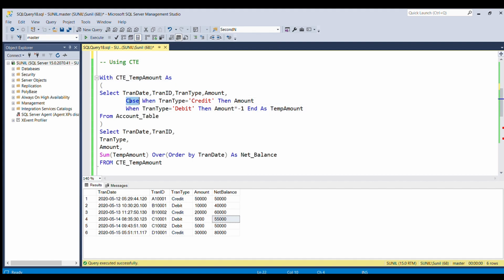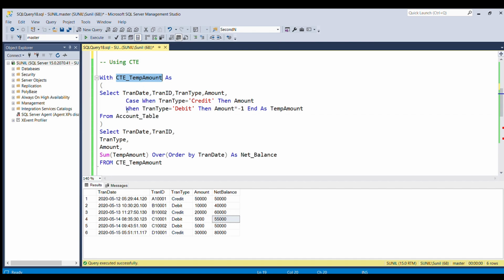We are using the same case statement: case when transaction type is equal to credit, then amount, when transaction type is equal to debit, then amount into -1 as temporary amount. So we got this temporary result set and stored it in CTE underscore temp amount.